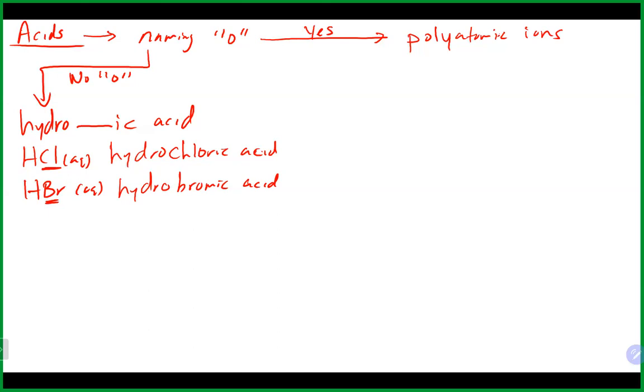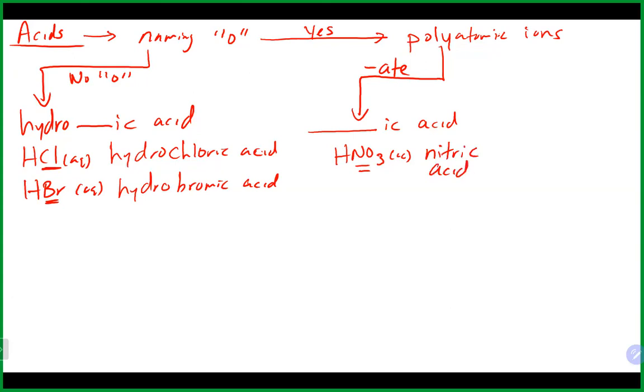They either end in ate or ite. And if it does contain oxygen and your polyatomic ion ends in ate, your acid will be something ic acid. So like HNO3. NO3 is nitrate, ATE. This is nitric acid.